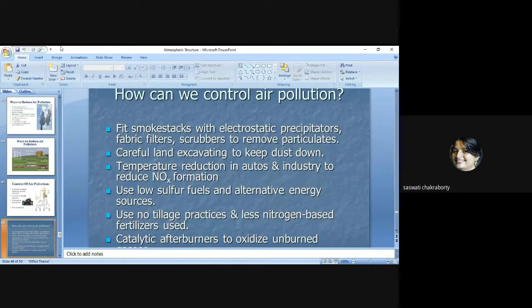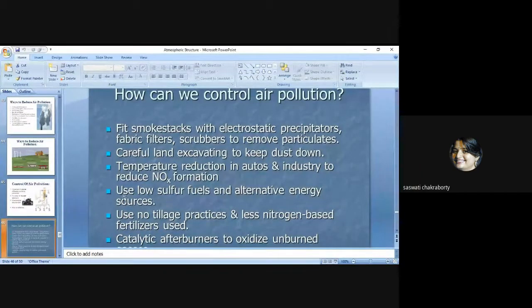Fit smokestacks with electrostatic precipitators and fabric filter scrubbers to remove the particulate matter, and careful land evacuation to keep the dust down. It means when you are cleaning the land, you have to keep in mind where to dump the things. Temperature reduction in autos and industry to reduce the formation of nitric oxides, or oxides of nitrogen.